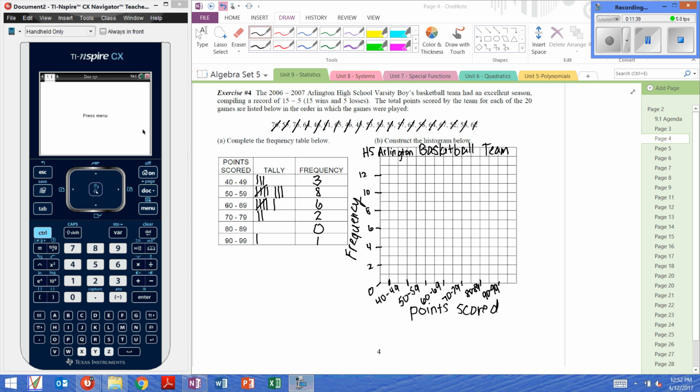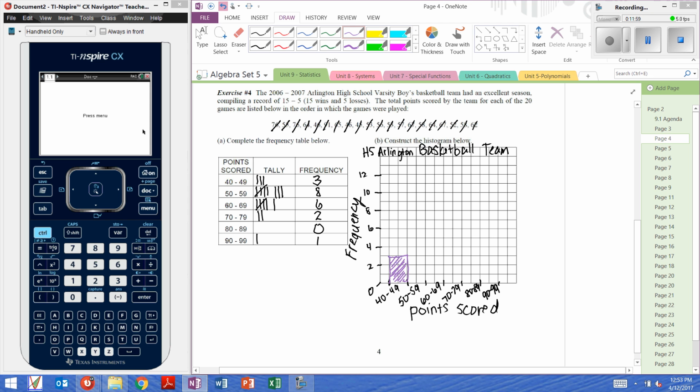All right, so once you have all of those labeled, what we're going to do now is actually create the boxes in the histogram. So my first category, and this is where using a straight edge comes in handy. I actually don't have one, but I'm just going to show some shading just so it's easier to see.